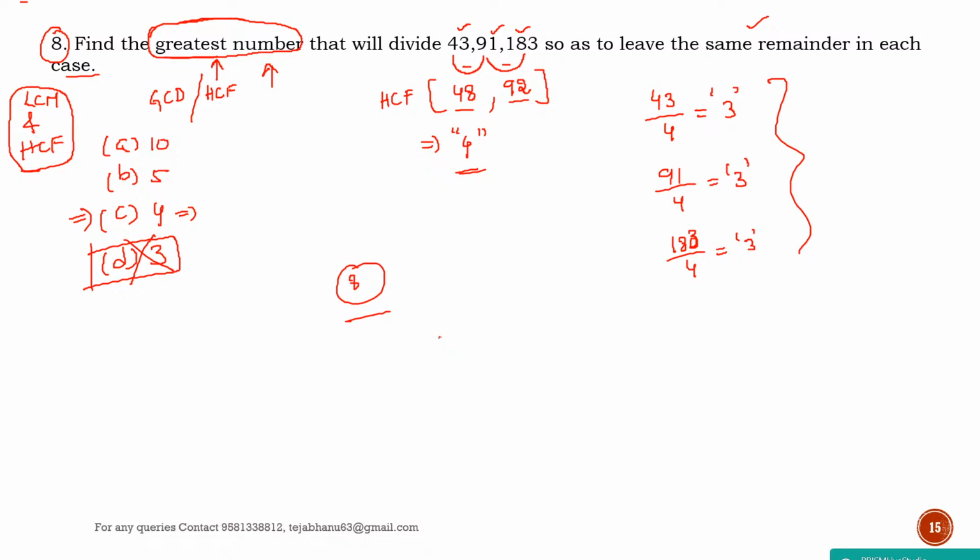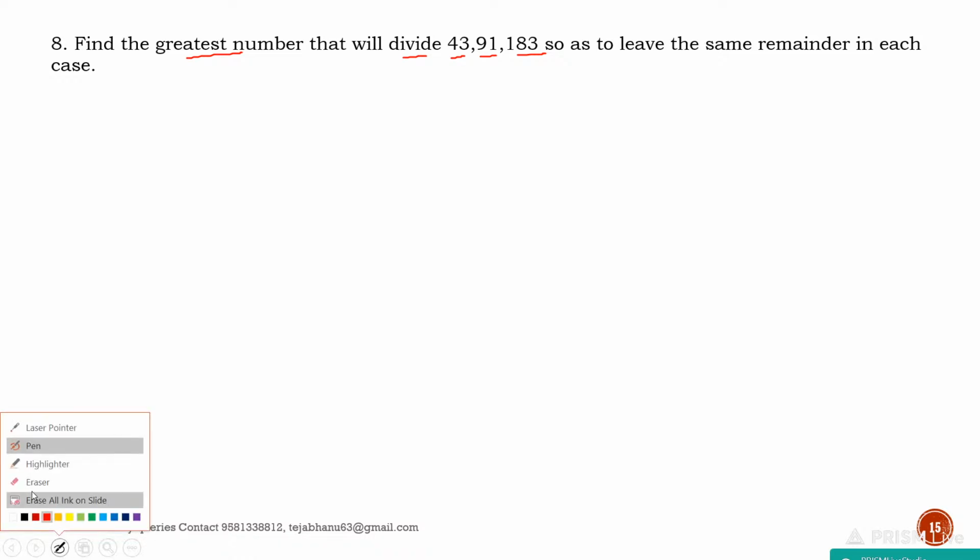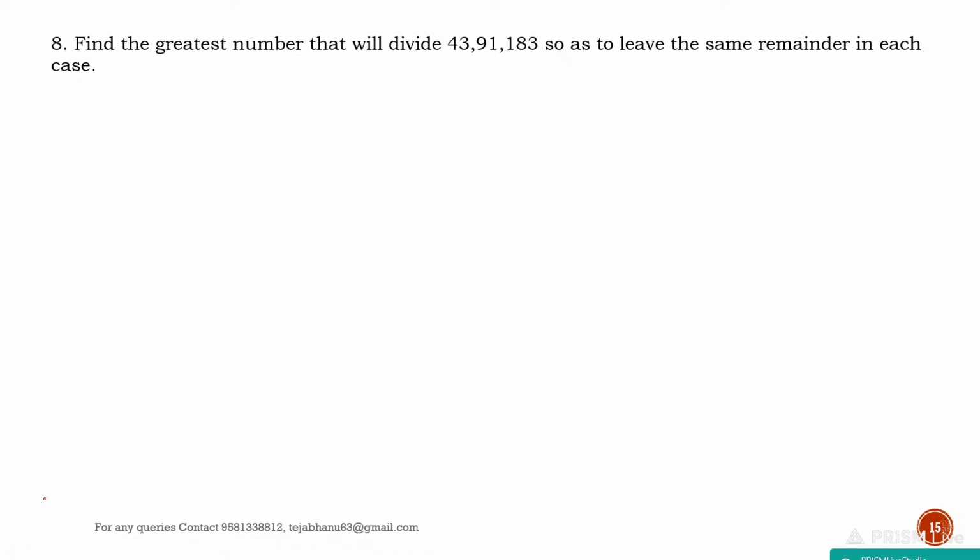Meghana, have a look for your sake. Find the greatest number that will divide 43, 91, 183 so as to leave the same remainder. We have to identify a number such that if you divide the given numbers by that greatest number, the remainder will be the same.